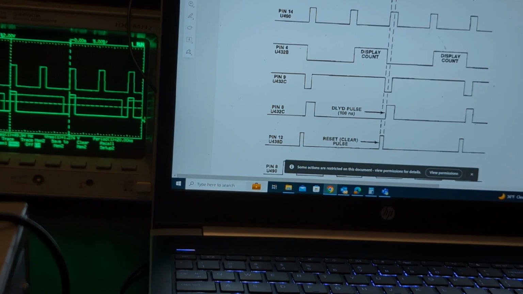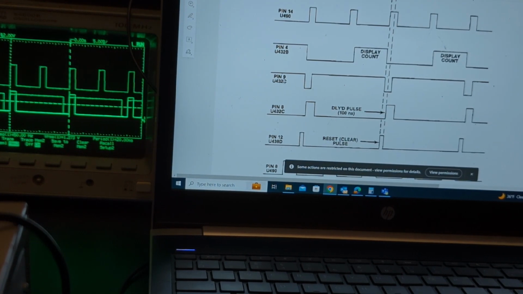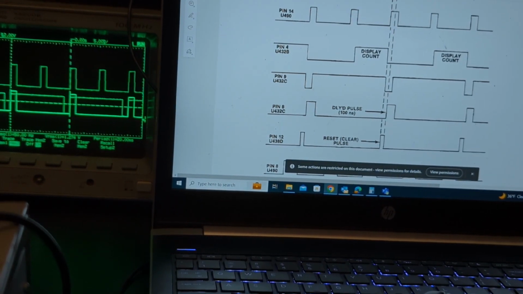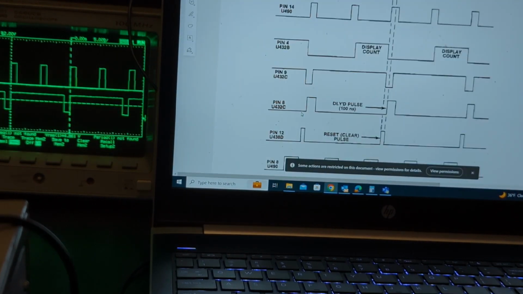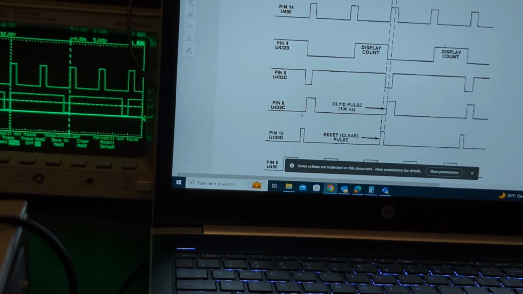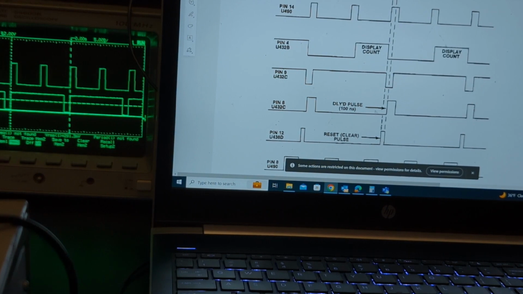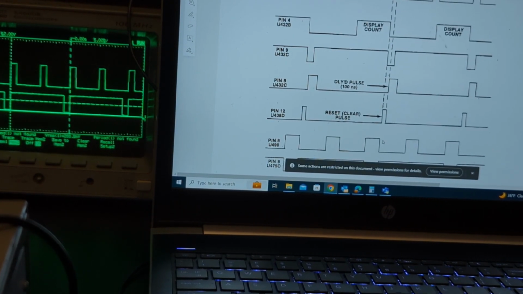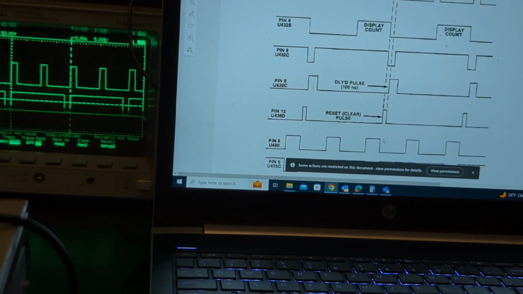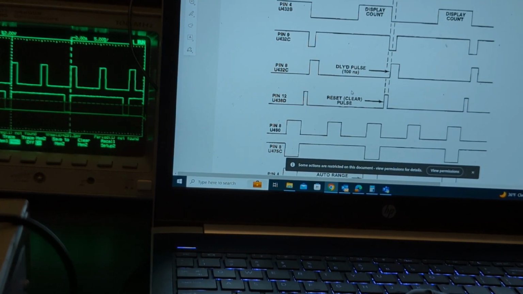And so then pin 12 on U438D should match up with pin 9 on U432C. So let's take a look there. U438D, gotta find out which one that is. Okay, so we aren't getting anything here. Unless I'm looking at this wrong.